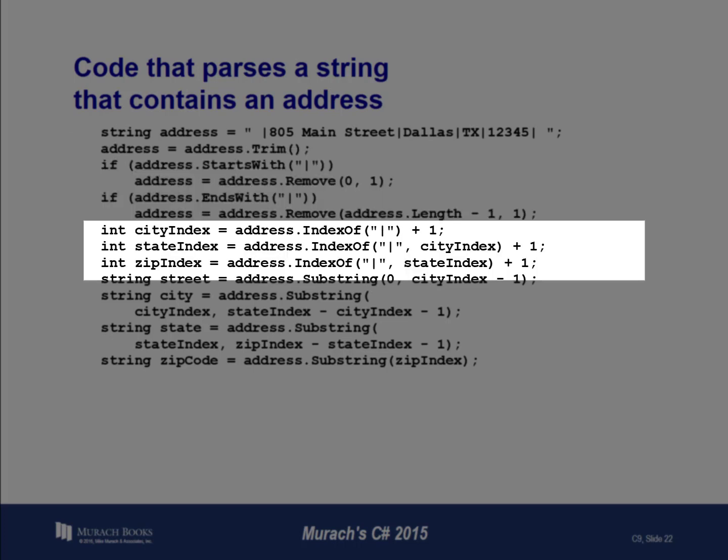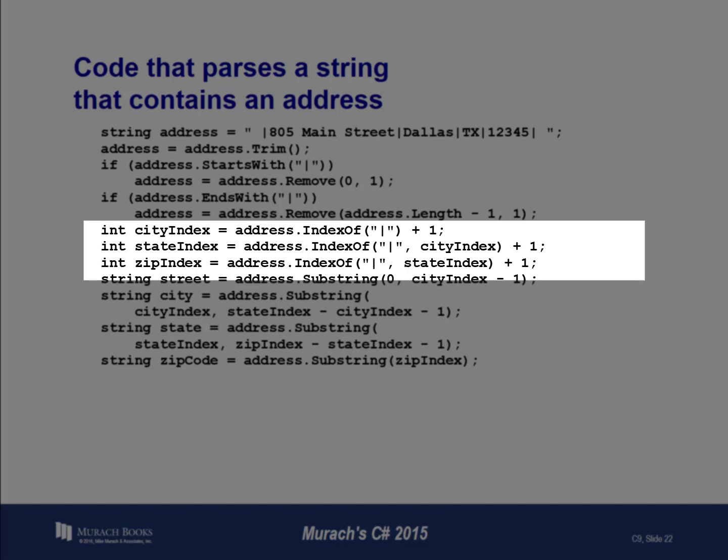And then it works its way through the string, trying to find the various vertical lines. City index is the first vertical line after the street address, and it adds 1 to that. The state index starts where the city index was located and works its way forward and finds the next vertical line.